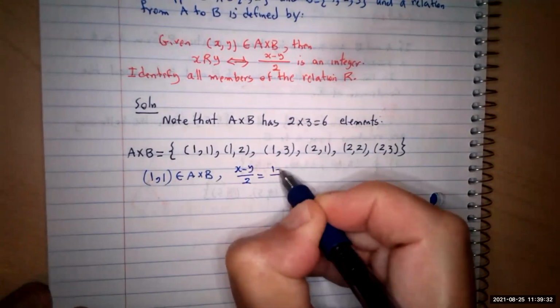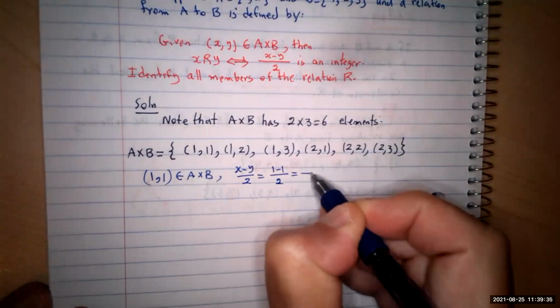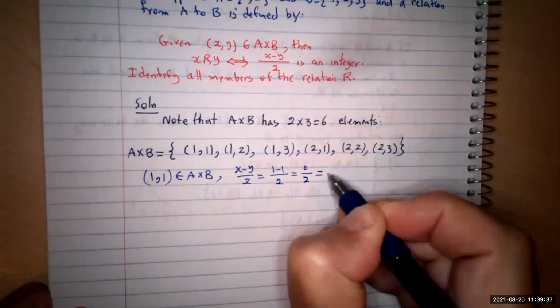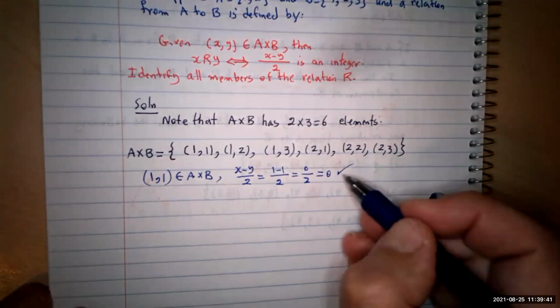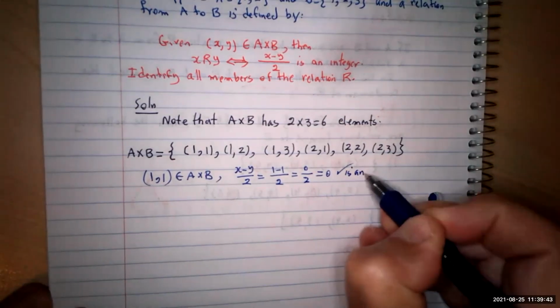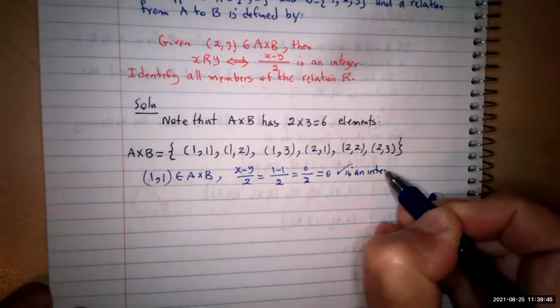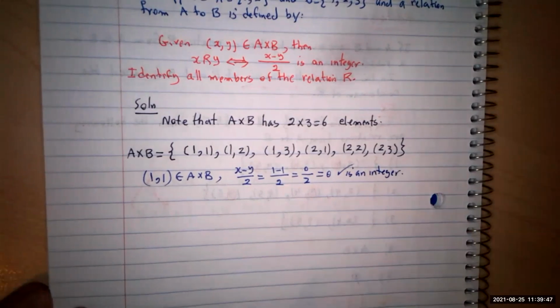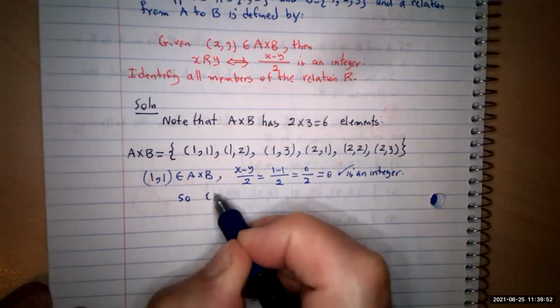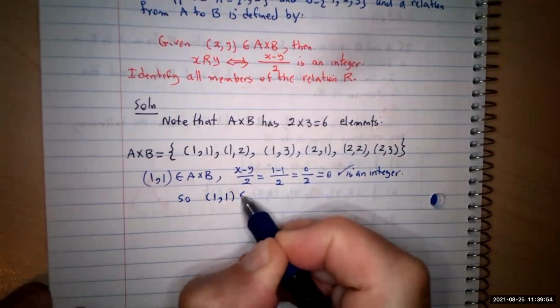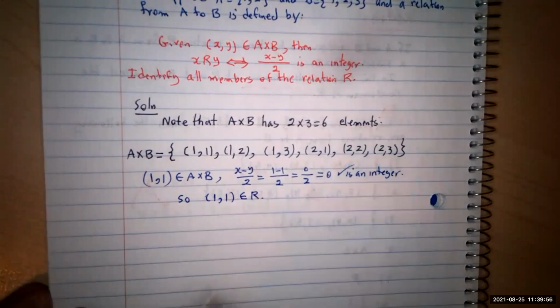That gives you 1 minus 1 over 2, which is 0 over 2, which equals 0. And 0 is an integer. So this means this is a member of your relation. So (1,1) is in R so far.